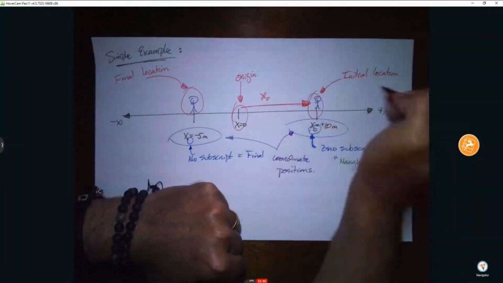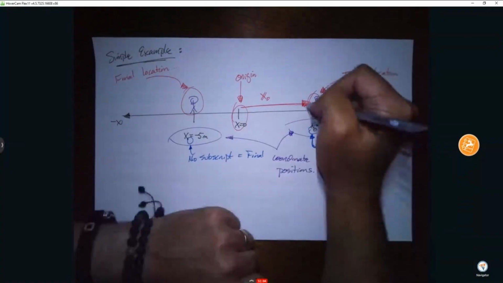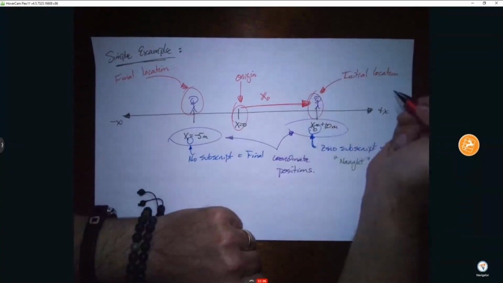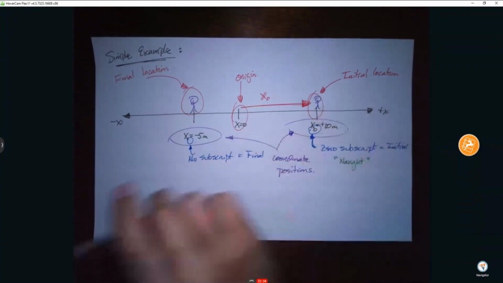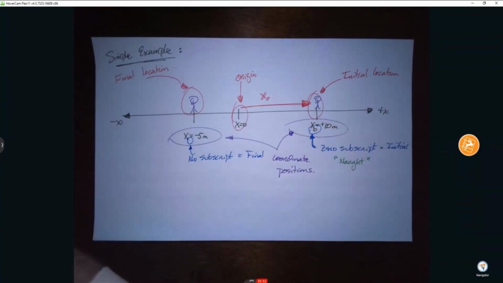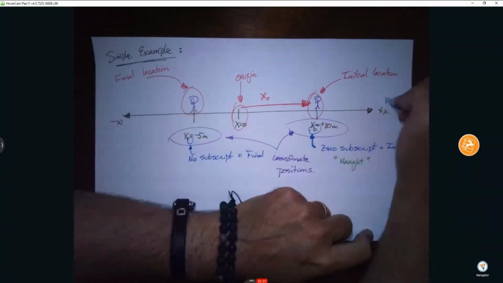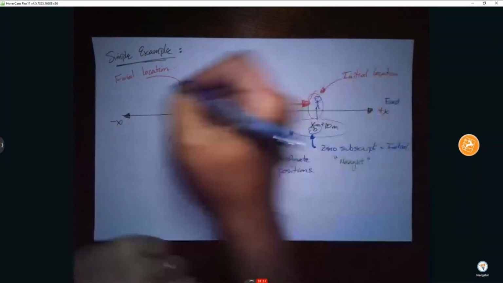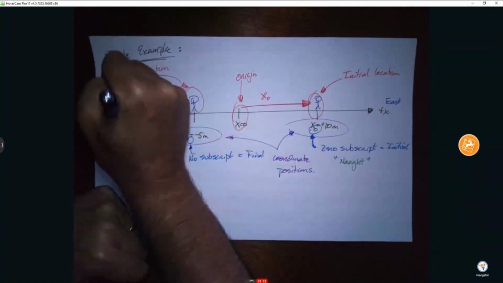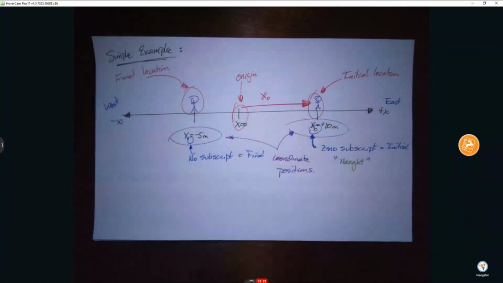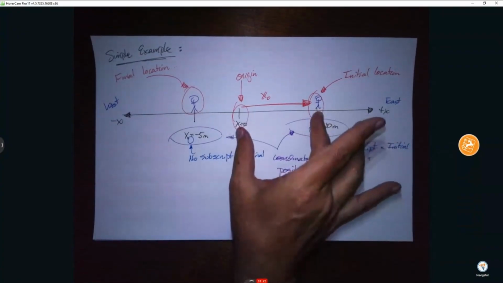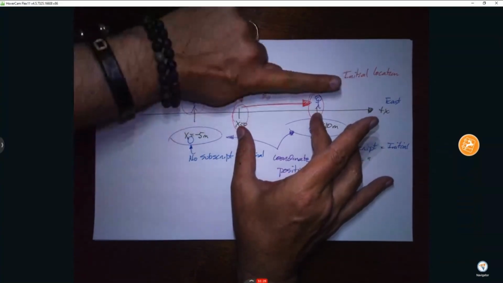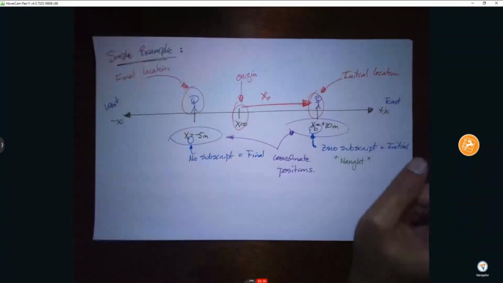And we can label this as X naught, like so. Okay. Now, I probably should have put down that. Let's go ahead and state that this physically is east and that this is west. And so then when we talk about our initial position vector, it would have a magnitude, which is the length of this vector, which is 10 meters, and it points in a direction, which in this case is east.